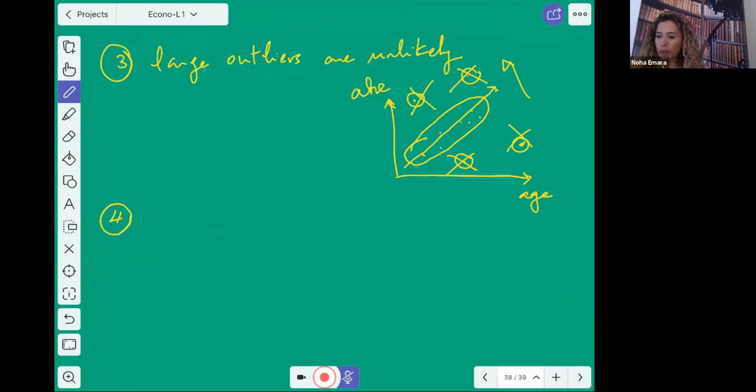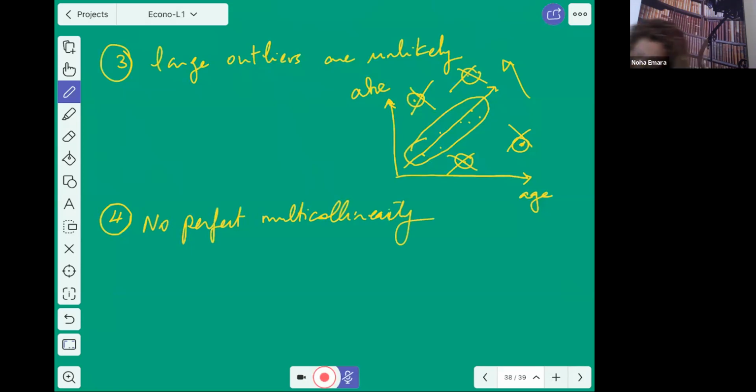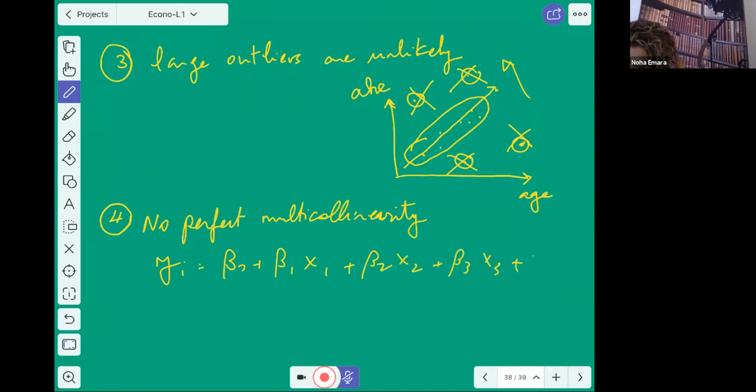Our last assumption is about no perfect multicollinearity. What is multicollinearity? Let me write it. Multicollinearity is all about the axes. So if I have a model, it's all about the connection between the axes I have in the model.